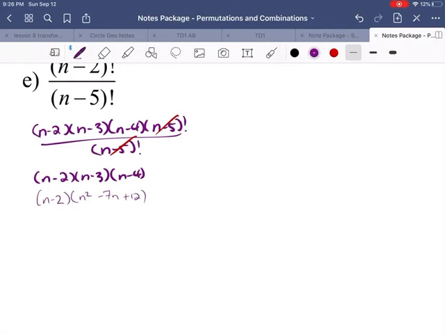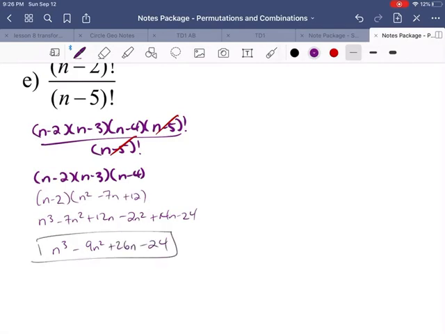And then again, if you expand, you're going to get n cubed minus 7n squared plus 12n minus 2n squared plus 14n minus 24, which all simplifies down to n cubed minus 9n squared plus 26n minus 24.